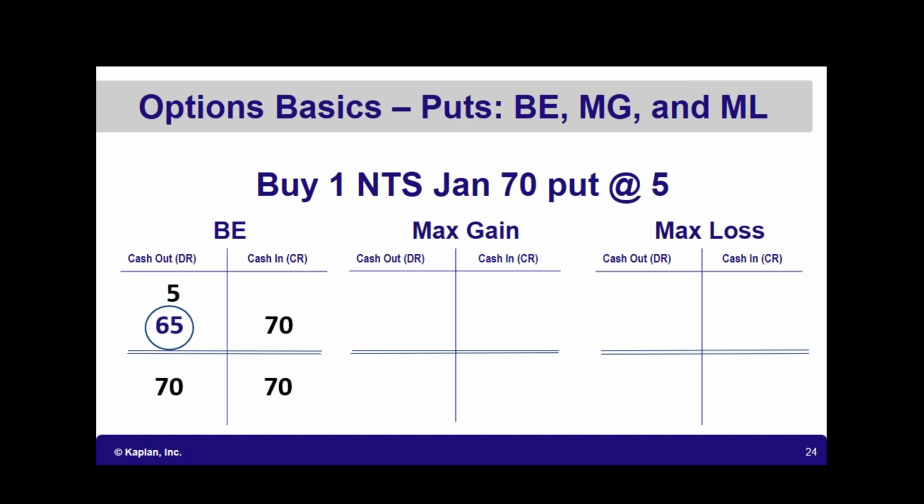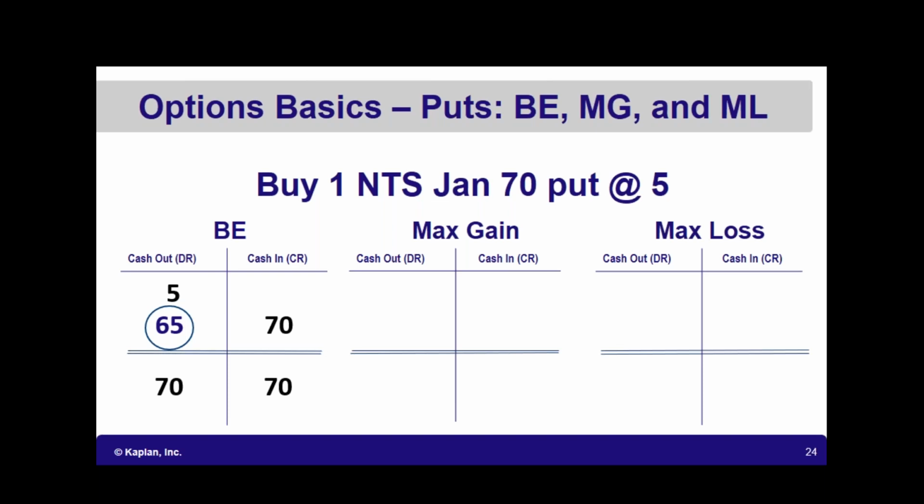And what price would I pay for the stock in order to do that? If you guessed 65, you got it. So if the current market value of the stock is 65 when I buy the stock, plus the 5 that I've paid out, that gives me my 70. Remember, puts are a little opposite. So when we get to our shortcut, we'll slow it down a bit.